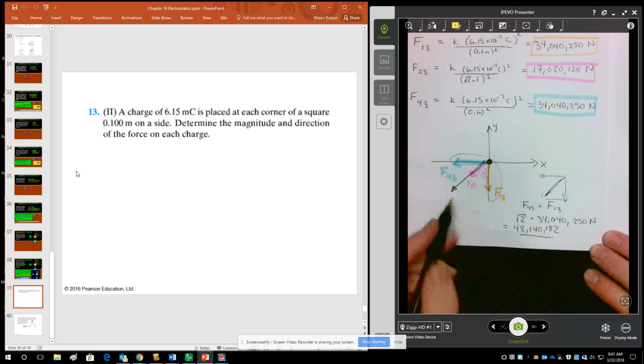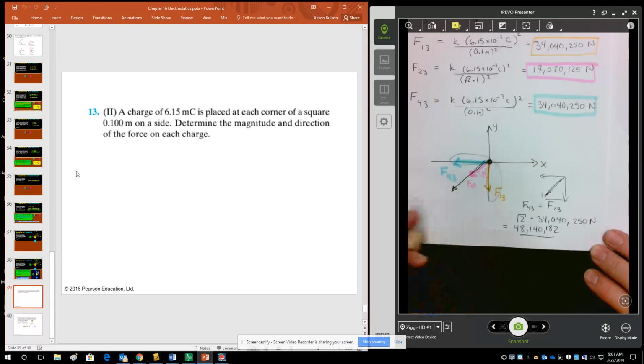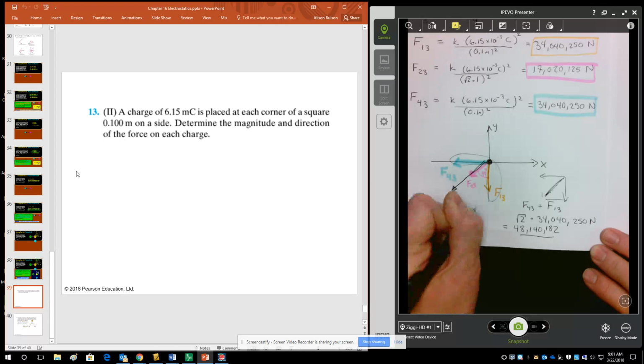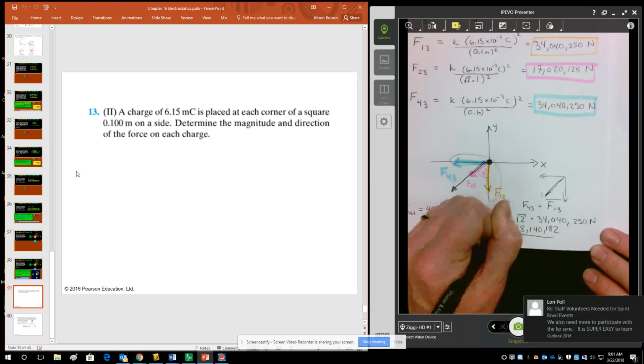which I'm going to add to F23, and I can add these algebraically because they point in the same direction. So F net is equal to 48,140,182 plus 17,020,125.